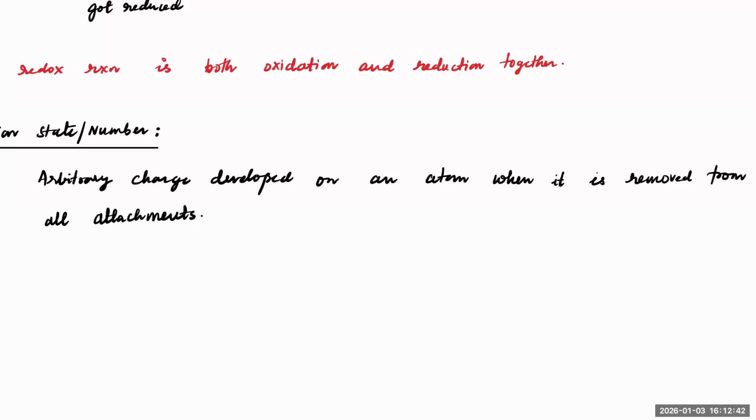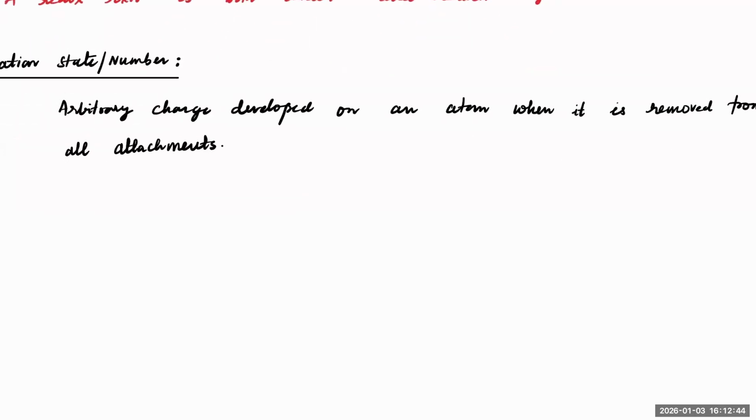Let me show you with an example. For instance, if you have NH4NO3, and you want to find the oxidation state on this nitrogen and this nitrogen, first we know that it will always convert into NH4 plus and NO3 minus.